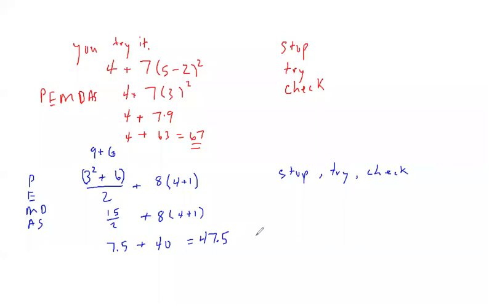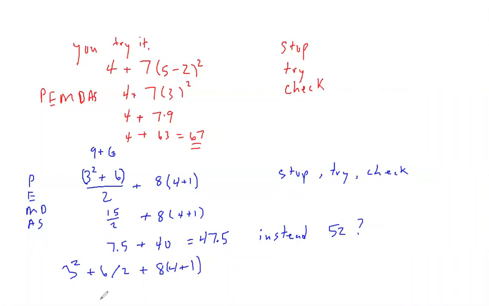How many of you instead got 52? Now, what happened if you got 52 is you probably used your calculator and you plugged in 3 squared plus 6 divided by 2 plus 8 times 4 plus 1.